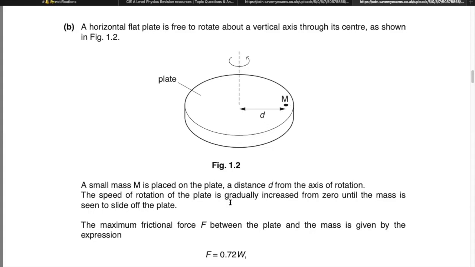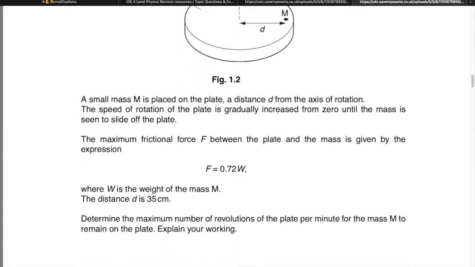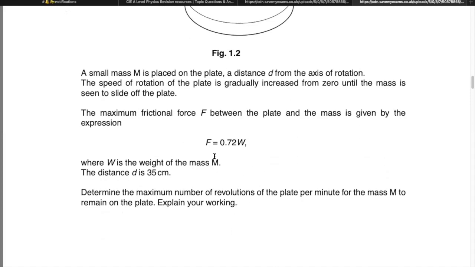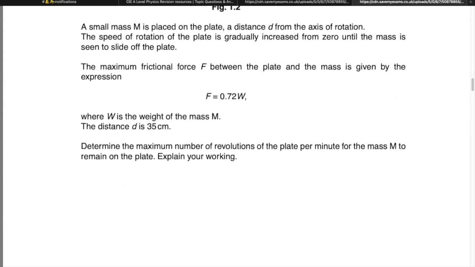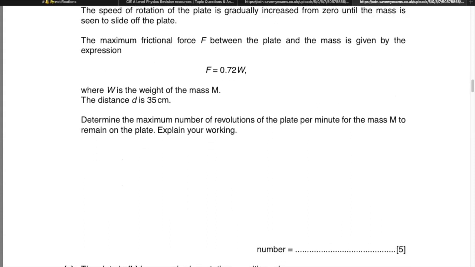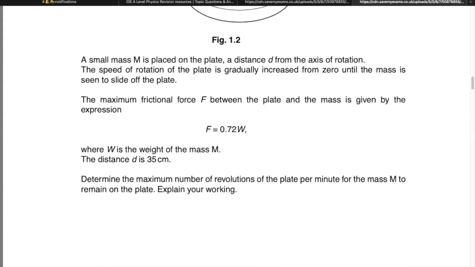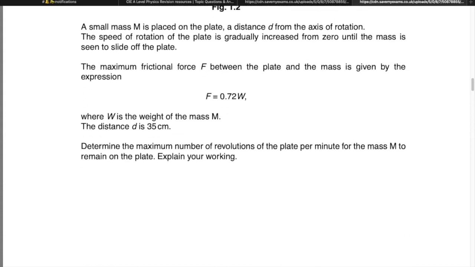Now they say that the maximum frictional force F between the plate and the mass is given by the expression. So this is an expression that gives us the maximum frictional force. W is the weight of the mass M and distance D is 35. Now they're asking us, determine the maximum number of revolutions of the plate per minute for the mass M to remain on the plate.